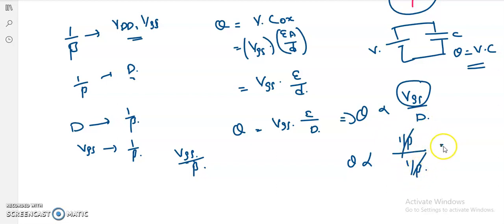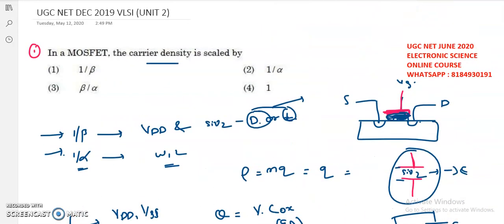Now both of these get cancelled, so that becomes equal to 1, so the charge density is equal to 1. From this concept, the correct option is the fourth option, that is 1. This is the scaling applied to the carrier density of the MOSFET.